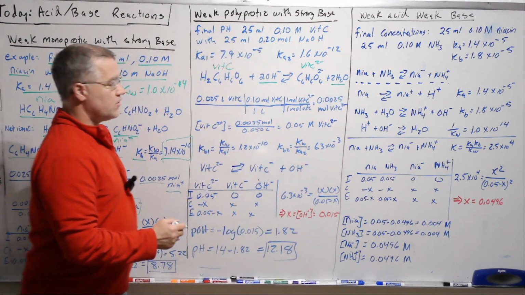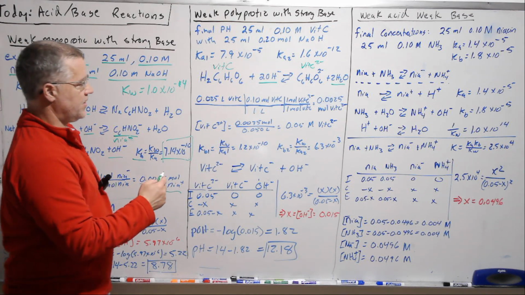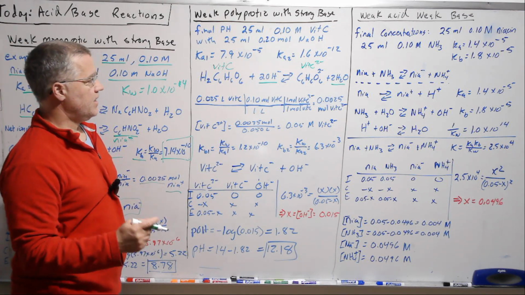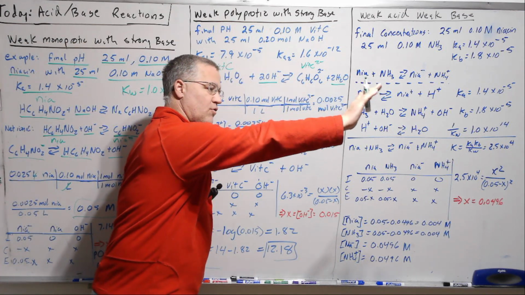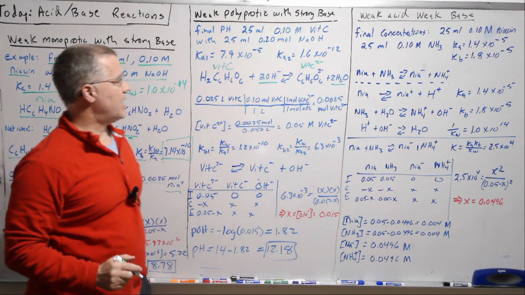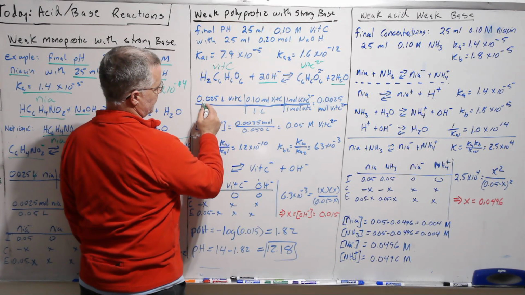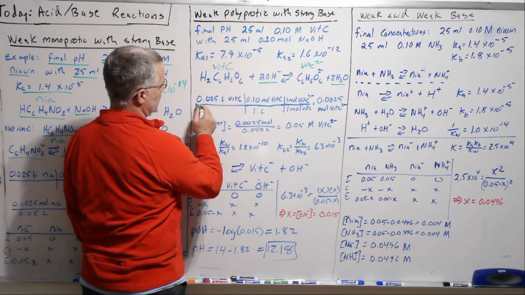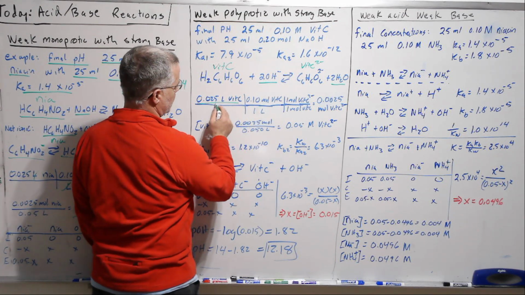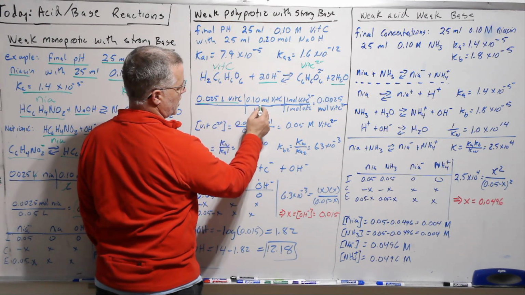So just like back over here, we have to figure out the new molarity of this slammed over reaction all the way to vitamin C2 minus, fully deprotonated vitamin C. So here's our conversion. Here's our original amount, 25 milliliters. Here's our concentration.